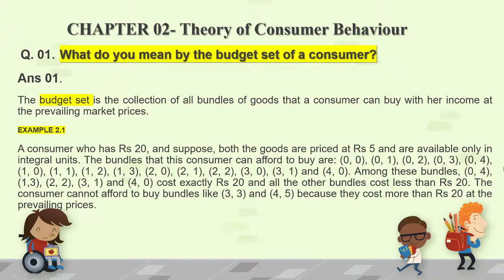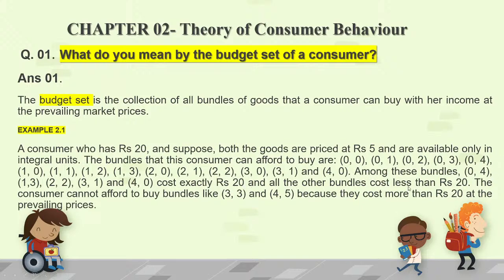Now among these bundles there are a few combinations where the given income matches exactly how much he or she has purchased, meaning that the entire income is spent here. The consumer is using his entire income on these bundles.